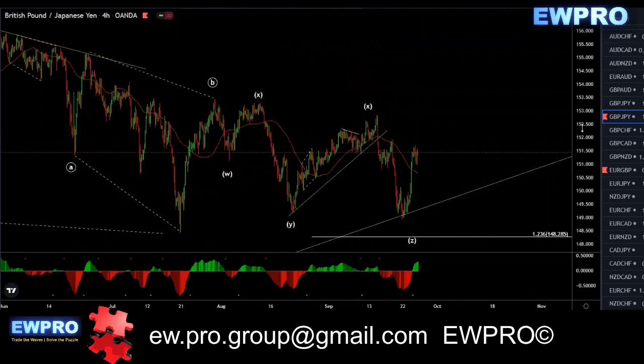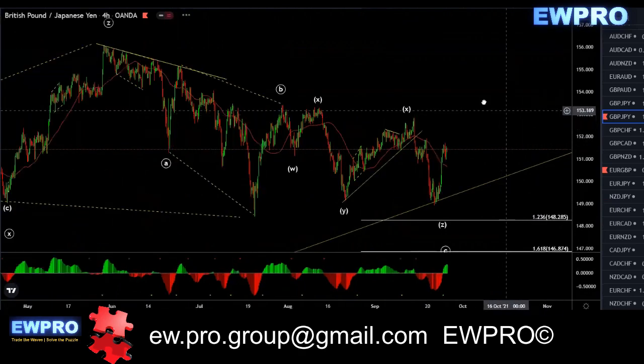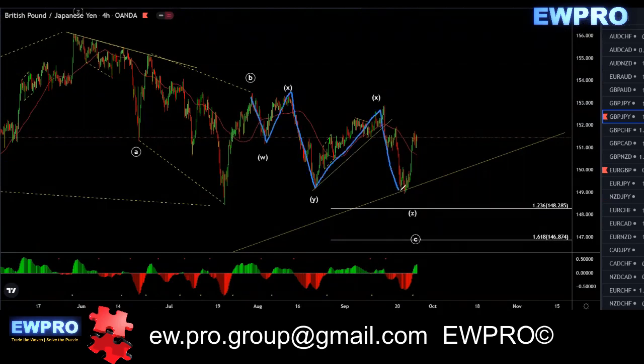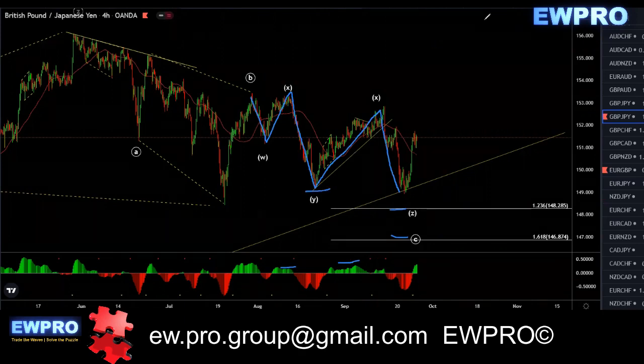So on the H4, we were looking for that WXY X2 and then the Z down, because we had that bear hidden. It didn't get down to the targets, but it did break the low, and that's all it needs to do.